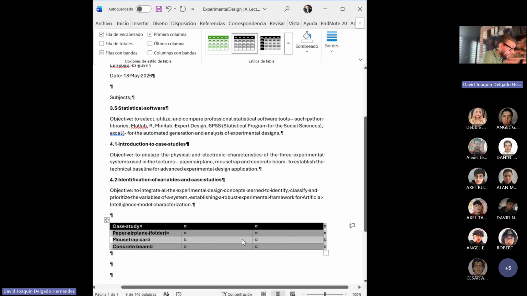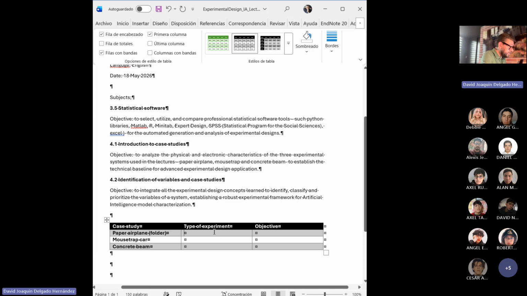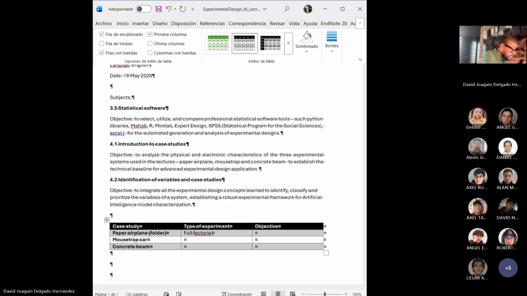Here we are going to put different types of experiments in order for you to have a complete view of the kind of experiments that you can use in professional practice: the type of experiment and the objective. The type of experiment here is a full factorial, 2 to the power k.